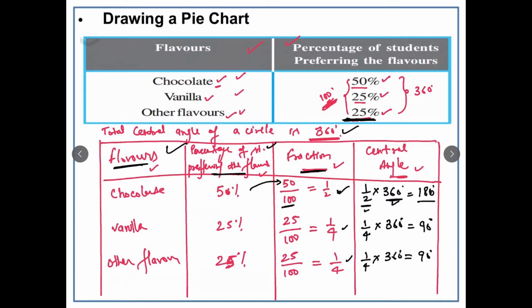To find the central angle, as we know the central angle for a circle is 360 degrees, you will always multiply by 360 degrees. After multiplication and simple calculation you will get the central angle for each category. So the central angle for chocolate is 180, for vanilla is 90, and for the other flavor is also 90. Now we will draw the pie graph or pie chart for this data.